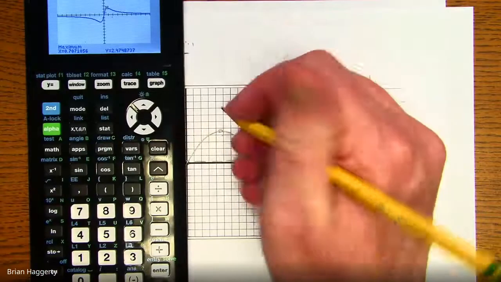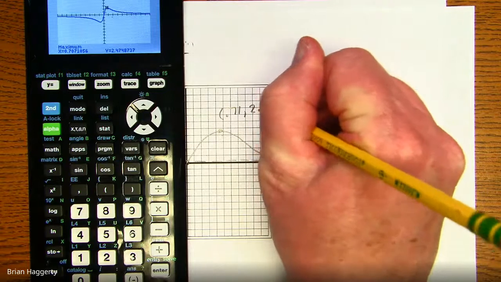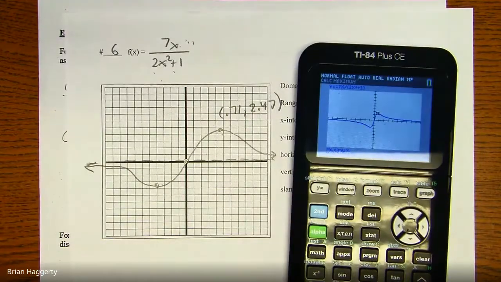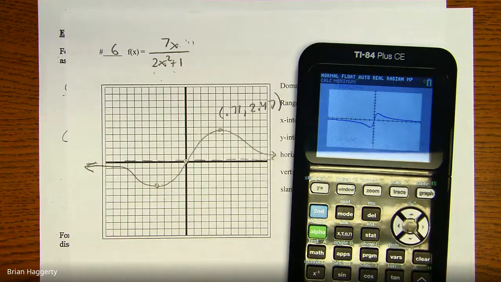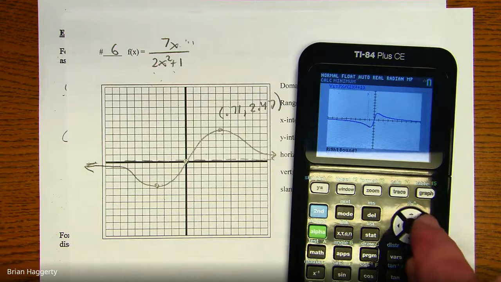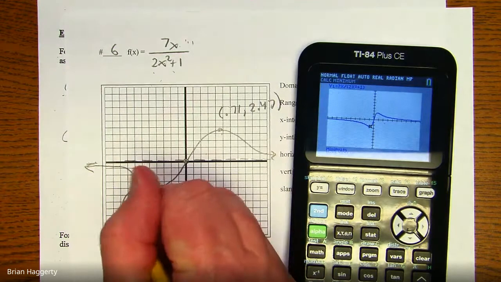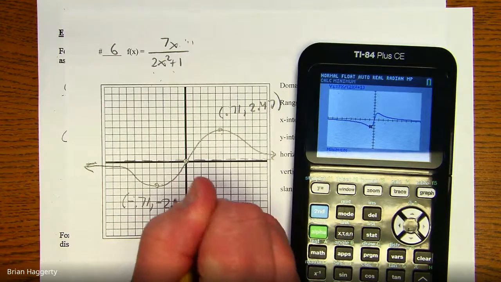And if we go 2 decimal places, that's at 0.71, about 2.47. And then get the minimum point. And that's about negative 0.71, negative 2.47.